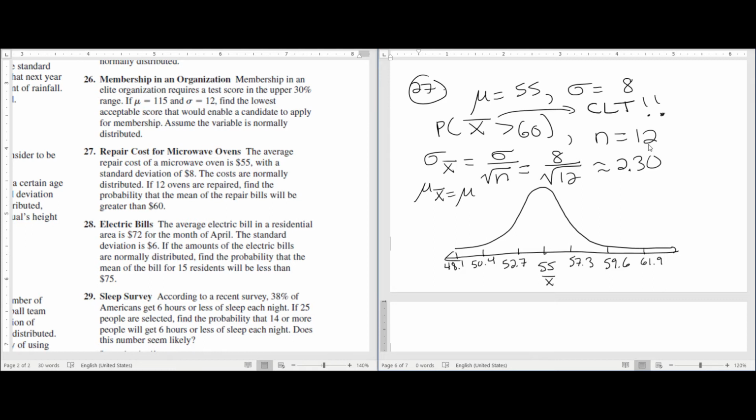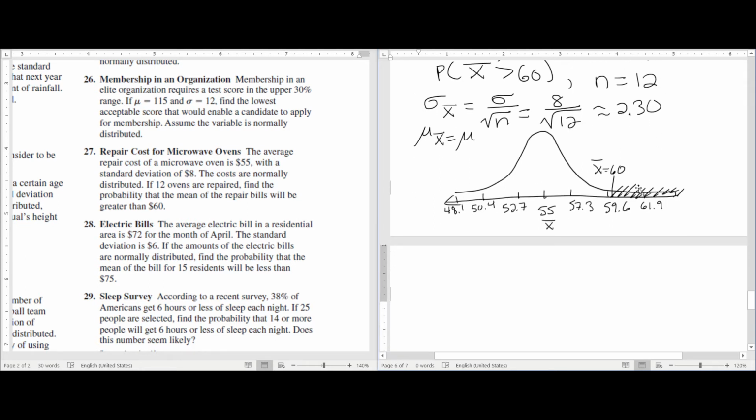Now we're going to find the probability that x bar is greater than 60. So 60 is right around here, and we want greater than, so we shade to the right. Now we're going to convert that to a z-score. Since this is an x bar, you use the x bar formula for z.